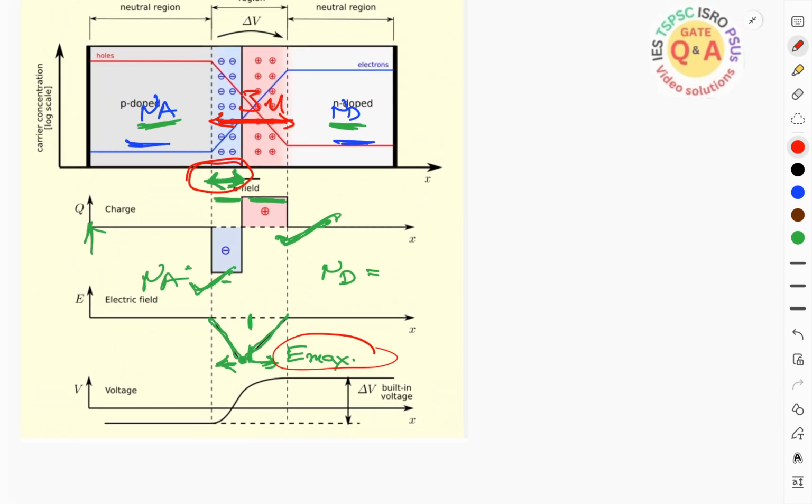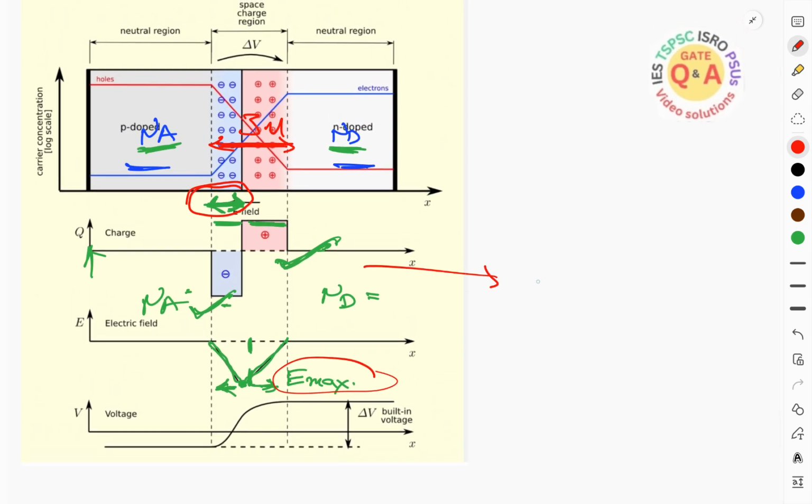We have two formulas for this. First, the P side width times the acceptor concentration is equal to the N side width times the donor concentration. By this, we will get the P side width. For the maximum electric field, E maximum is equal to charge times N side width times Nd divided by permittivity.